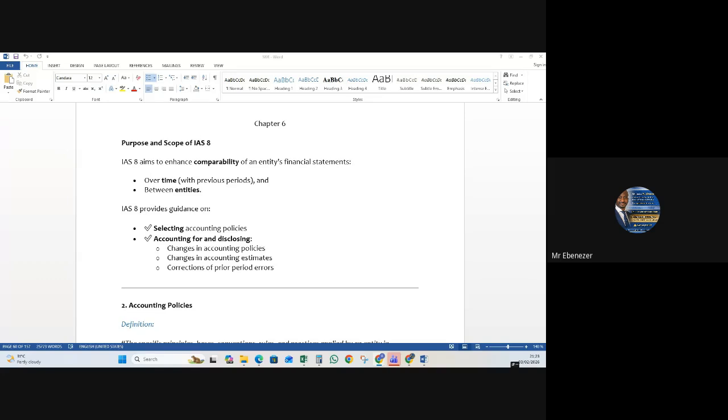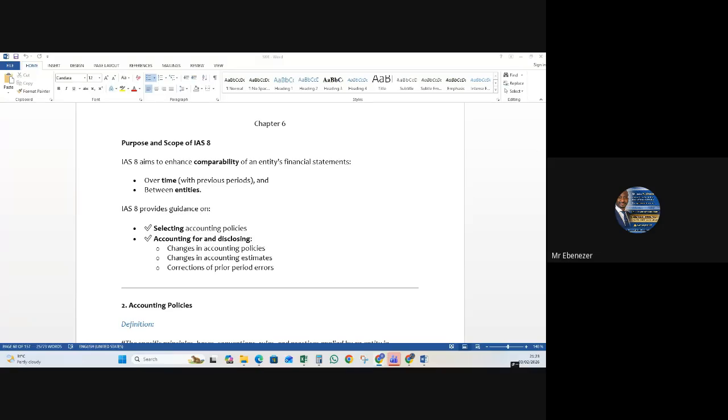So for accounting policies, IS states, which is here to enhance accounting policies. And why do we have accounting policies? Accounting policy is to enhance comparability of financial statements.